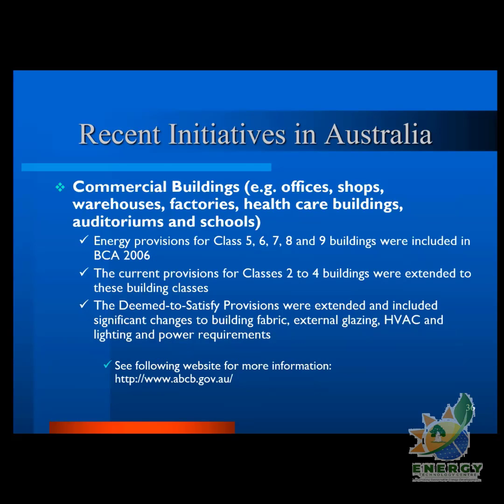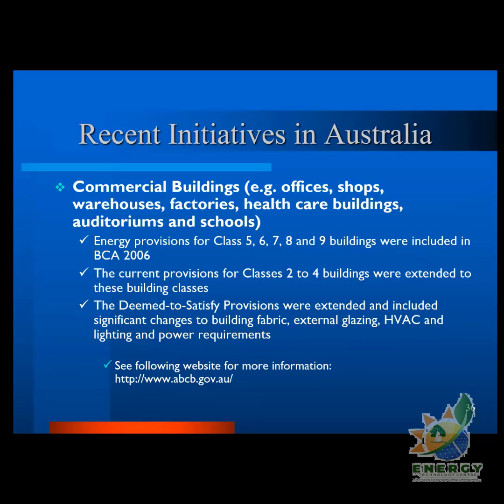Now, for commercial buildings, offices, shops, warehouses, factories, healthcare buildings, auditoriums, and schools, energy provisions for class 5, 6, 7, 8, 9 buildings were classified in the building code. Now, these classes are different in terms of their performance.